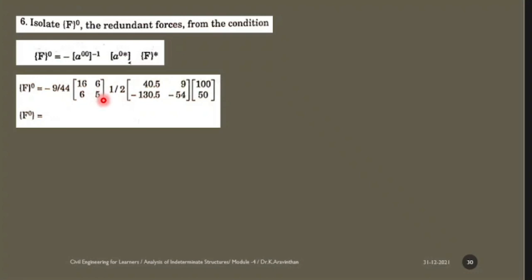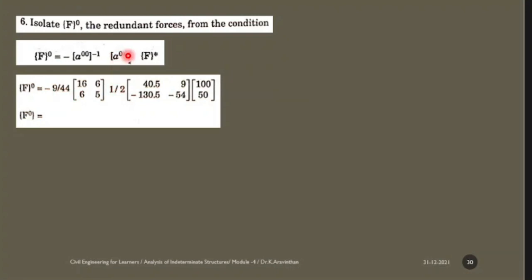First diagonal has to be interchanged and second diagonal has only the sign changed. And you have to multiply 16 into 5 minus 6 into 6. You will be getting one value, that is the determinant. With that determinant, the value you are getting is 9 by 44.